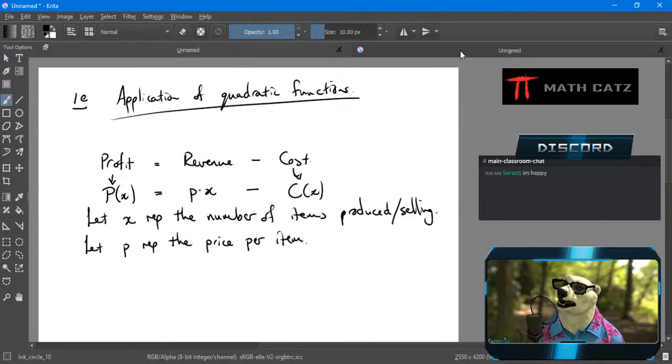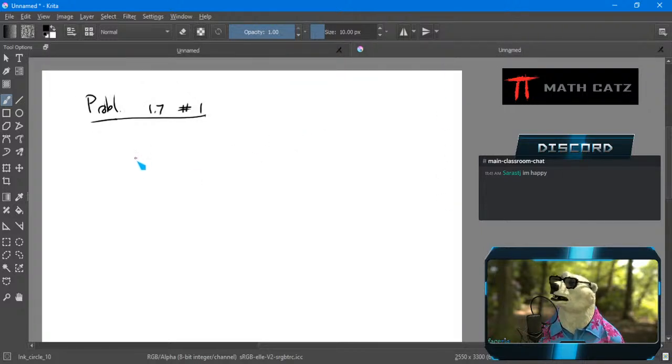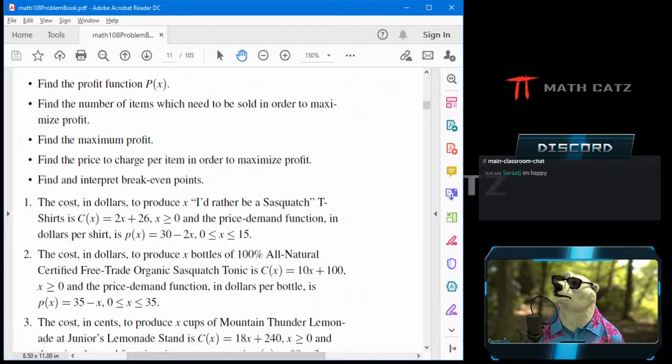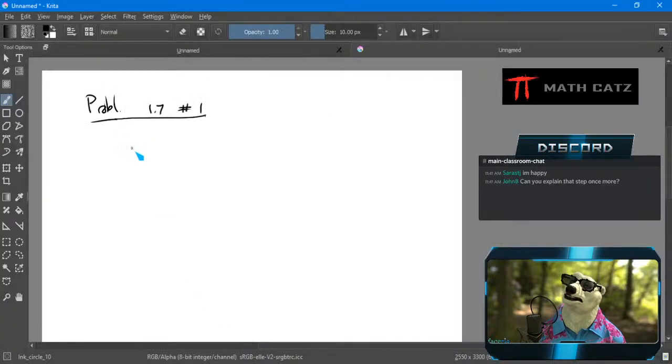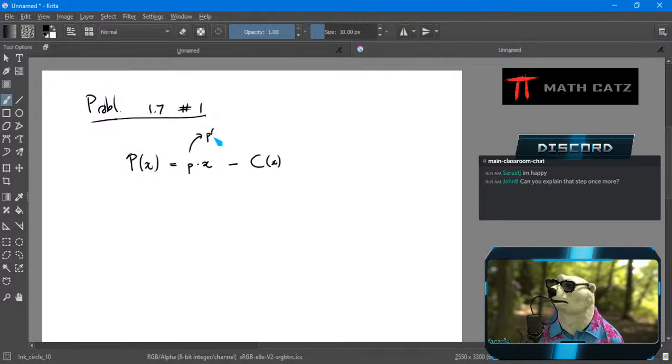Okay. So now let's get to the specifics in our problem. Everything's defined for me, so I can certainly skip the first step in my word problem. So we're going to have our profit, big P, equals our price per item times the number of items, that's our revenue, minus the cost, which is going to depend on X. Now, this little p is also going to be a function of X. Let's put in the detail now.